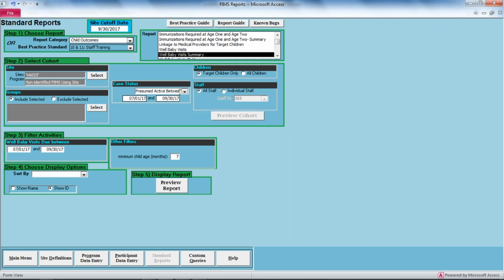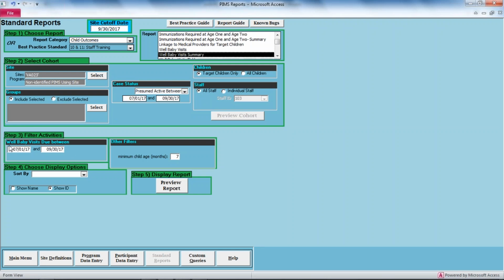That includes people who enrolled before the date range, but who were still active within the date range. So that selects the people. We're only looking at target children, for all staff members, but you could look at individual staff if you want.